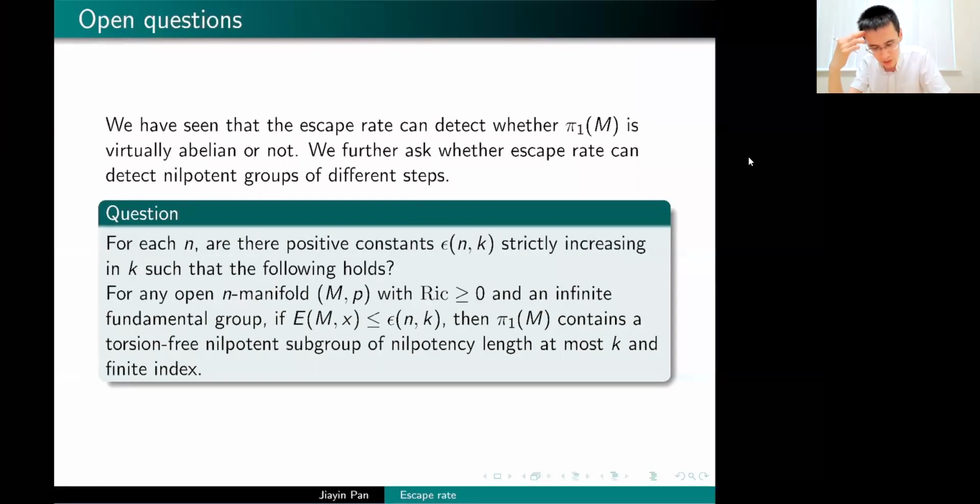So here we further ask whether we can find a series of constants so that the escape rate can detect whether the fundamental groups are nilpotent groups of different steps. More precisely, we ask whether there are positive constants epsilon_{n,k}, strictly increasing in k, so that if the escape rate is less than epsilon_{n,k}, then pi_1(M) contains a torsion-free nilpotent subgroup of nilpotency length at most k with finite index.